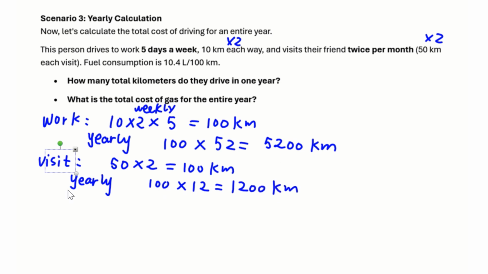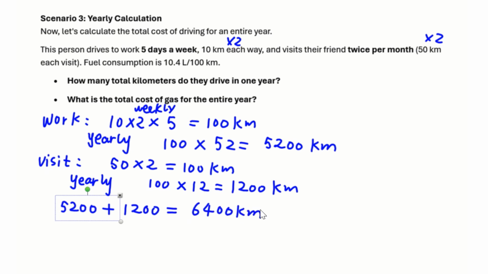Then the total distance will be these two added together, so 5,200 plus 1,200, we have 6,400 kilometers. So this is the answer for this question.